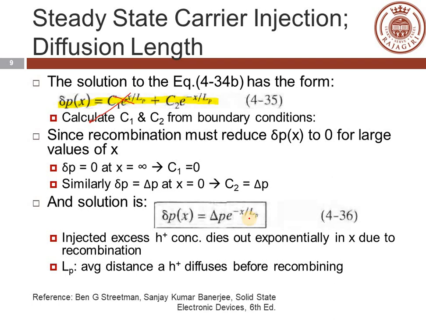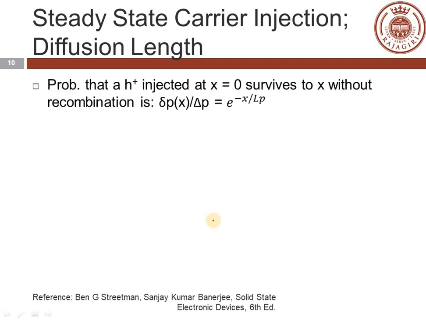The probability of holes that survive till x can be found by small delta p of x divided by holes injected at x equal to 0, that is capital delta p. So this small delta p of x by capital delta p will be equal to e to the power minus x by Lp.